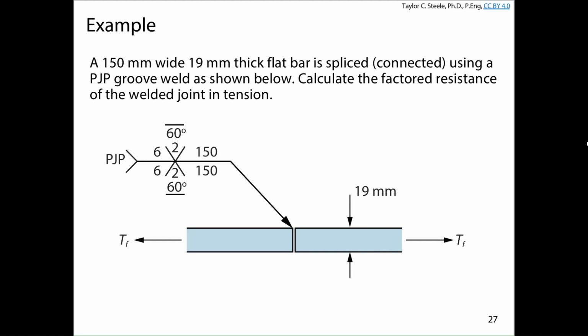I'm showing this into the page. The width of the plate is coming out of the page at you. That's 150 millimeters wide. This is a partial joint penetration weld in a butt joint configuration. And our goal here is to calculate the factored tensile resistance of this welded joint. Does anyone have any questions about what it is we're trying to do here before we go through the calculations?